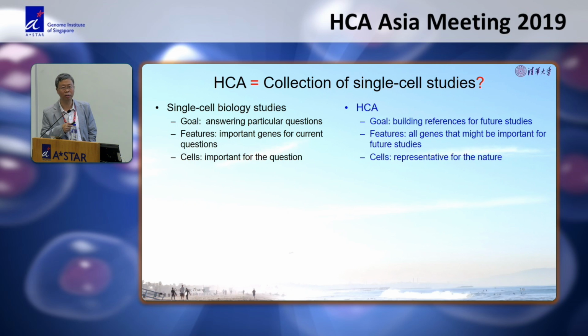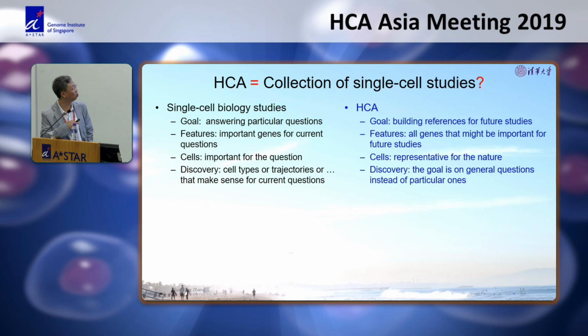And also the cells. If we look into all the great papers on single-cell biology, they select a lot on the cells and genes. So they only keep the cells that are important for their study. But for HCA, we should try to get a representative of the nature, so it's not only selected for your particular question.